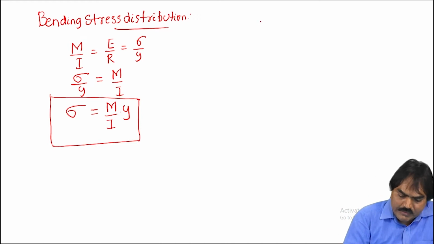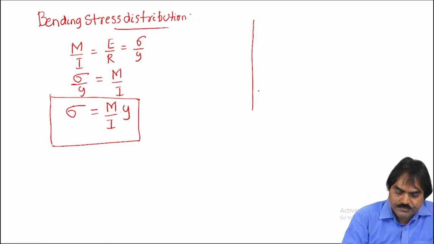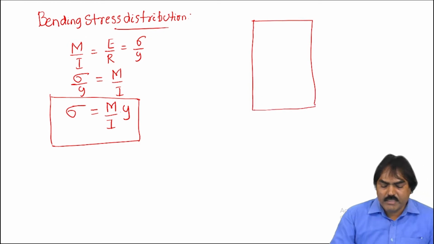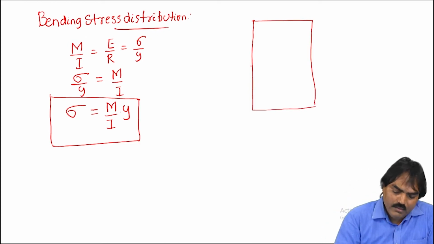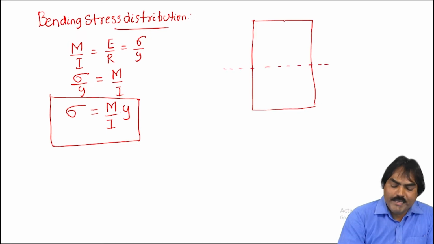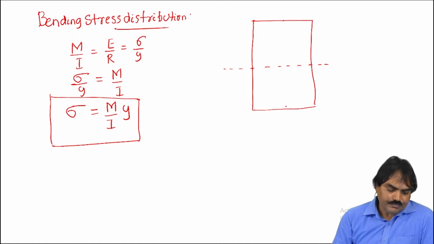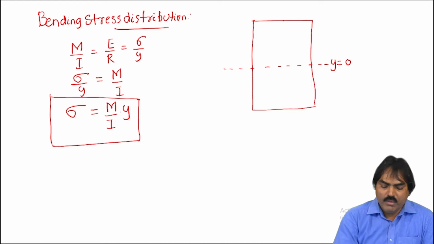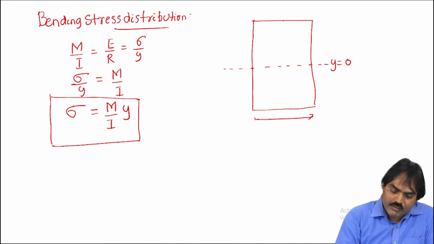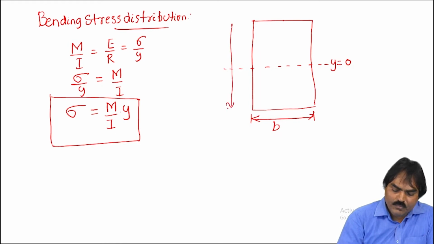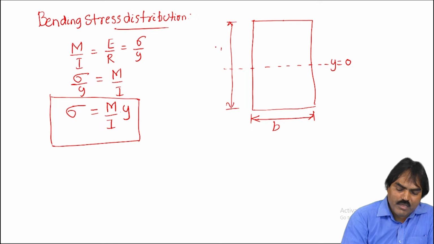If I consider a rectangular cross section, this is the rectangular cross section. This is the neutral axis. This is the top layer. This is the bottom layer. Y on the neutral axis will always be 0. Say this cross section has dimensions. Let B be the width of the section and D the depth of the section.